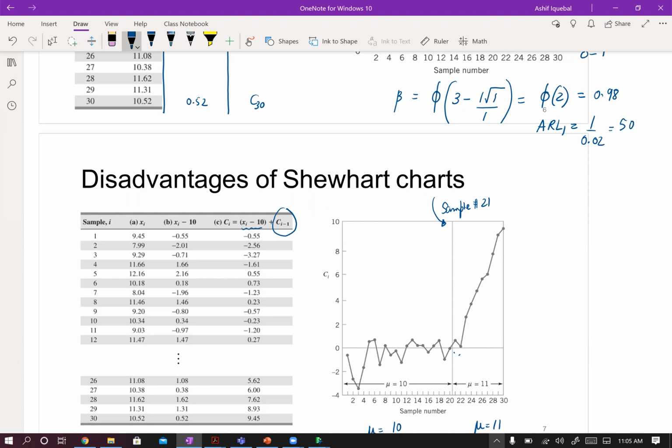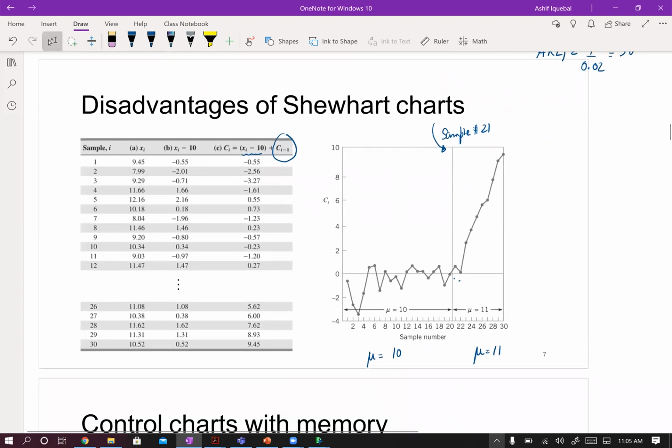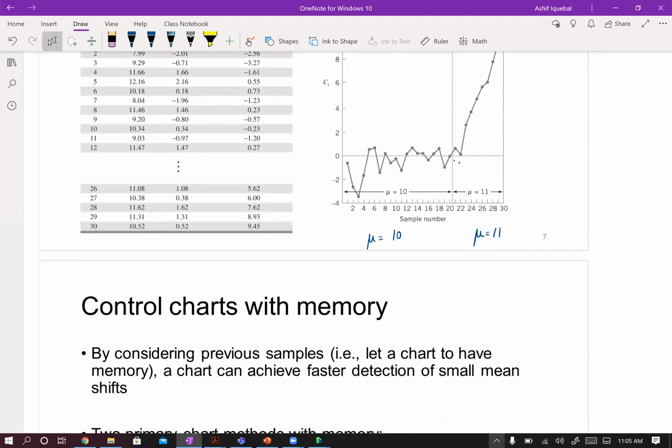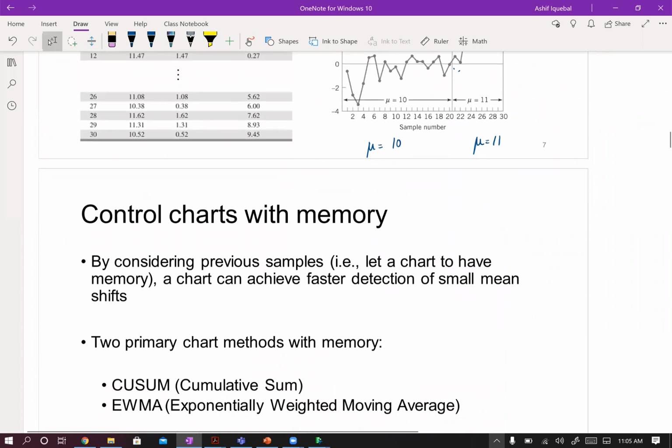So by including the memory of the process, we are able to do much better. We are able to much more efficiently detect the change as compared to the Shewhart control charts. Right, so this is just a very brief introduction. We'll formally talk about what this method really is.